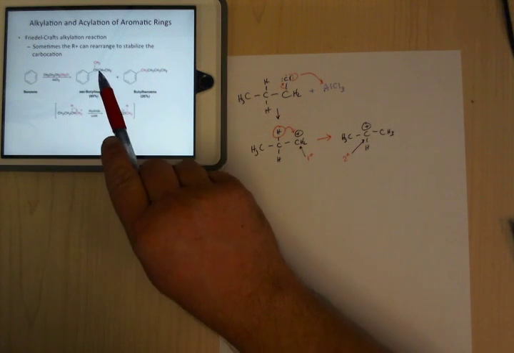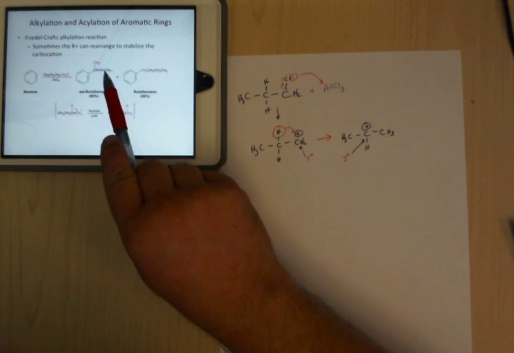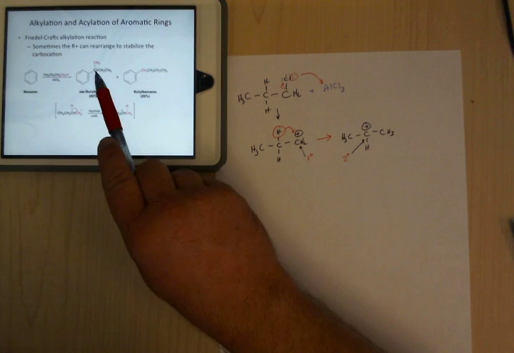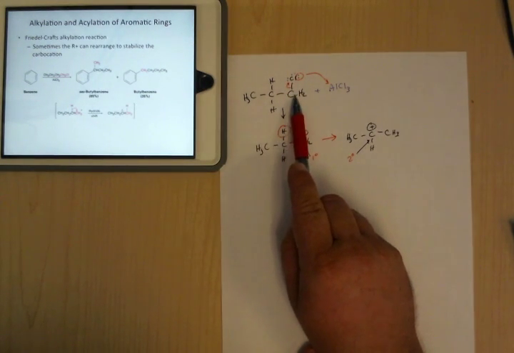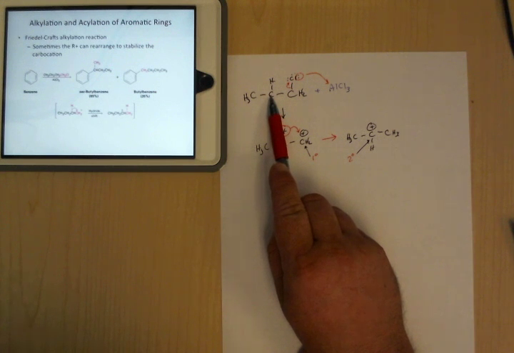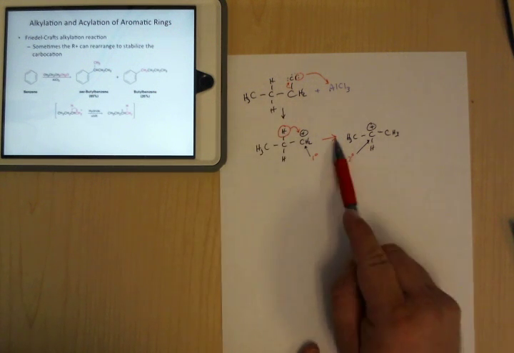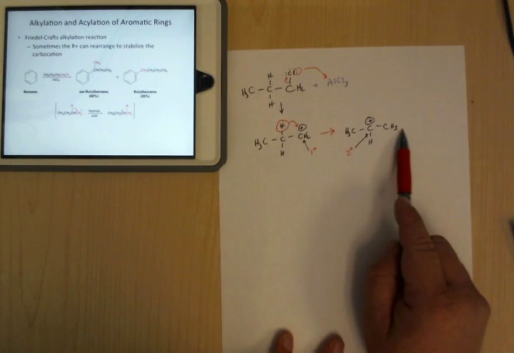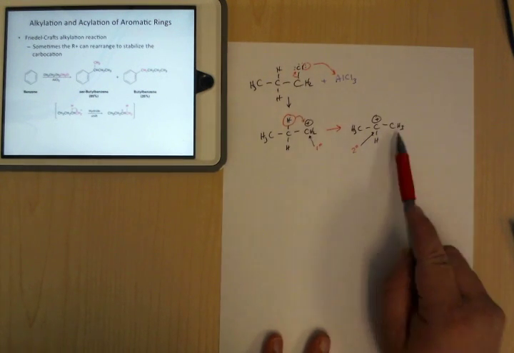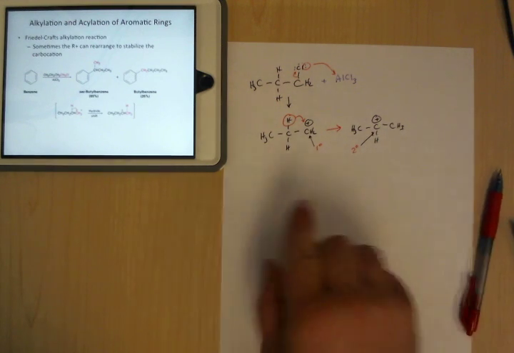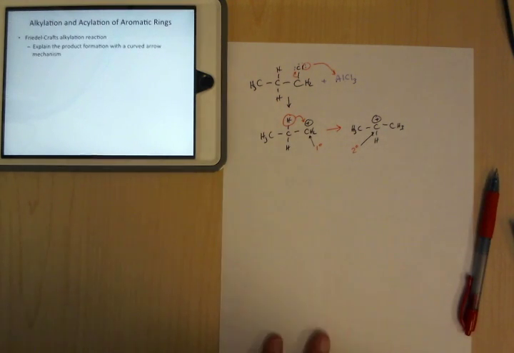Instead of attaching through carbon 1, where you want it, because that's where the chlorine is, you end up connecting through carbon 2, because that's how it stabilizes the molecule. So your major product may be this one here, and you get a little bit of that, but you're going to have some issues. So do be careful.